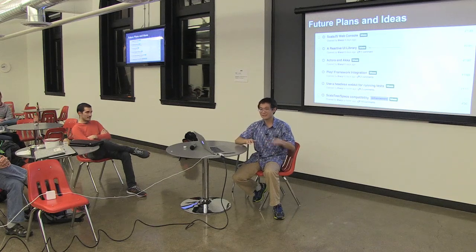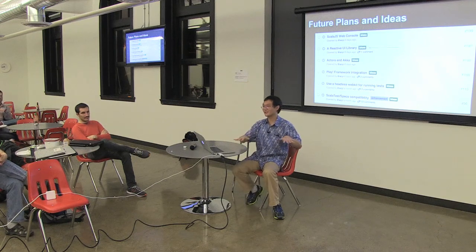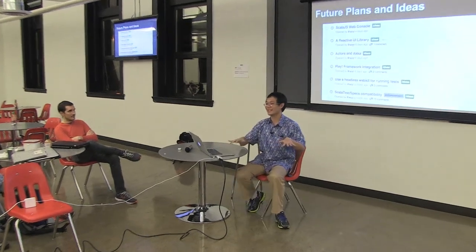One is some subset of Scala does not work because it's JVM dependent. Another is some set of JavaScript does not work because the Google Closure compiler, which optimizes the JavaScript, will break it because of its aggressive optimizations. In terms of the Google Closure compiler, you do not need to worry about anything because the Scala.js compiler will only output code in a very verbose format the Google Closure compiler understands. So you saw that terribly verbose thing I showed you earlier. That's just what we need to make Google Closure happy.